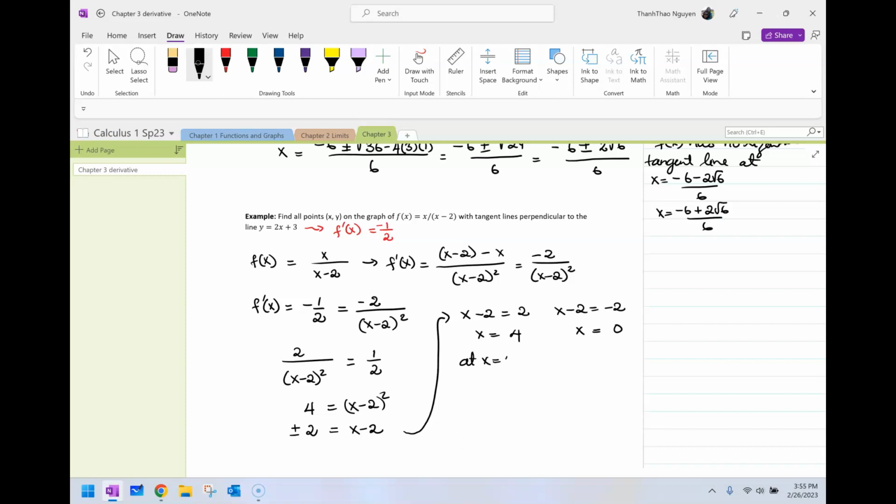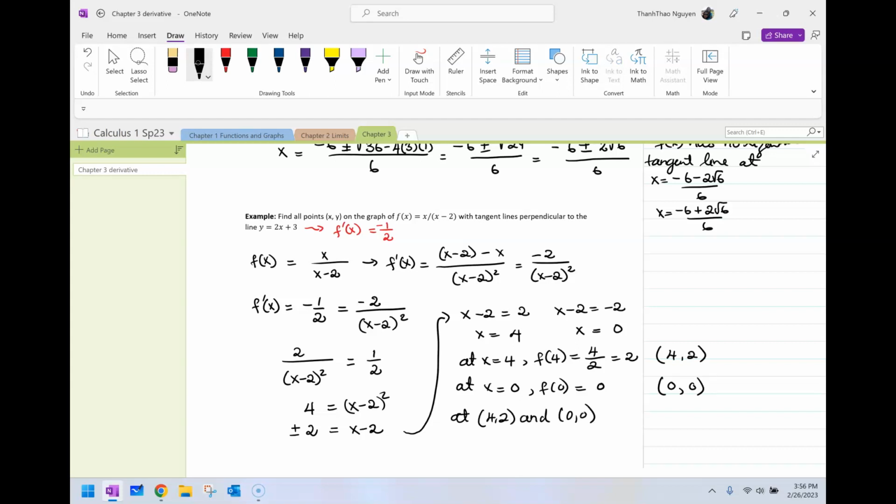At x equals 4, f of 4 equals 4 divided by 2 equals 2. So our first point is 4, 2. At x equals 0, f of 0 equals 0. So 0, 0.